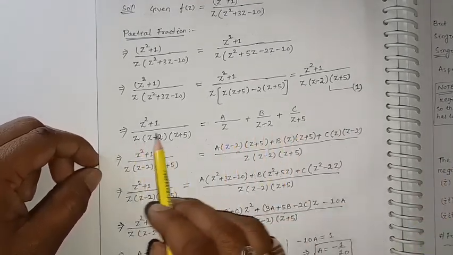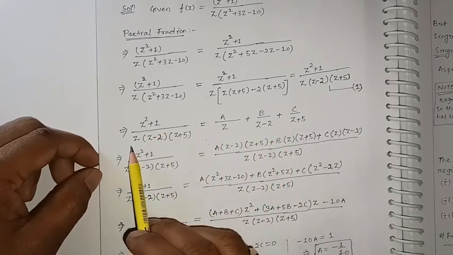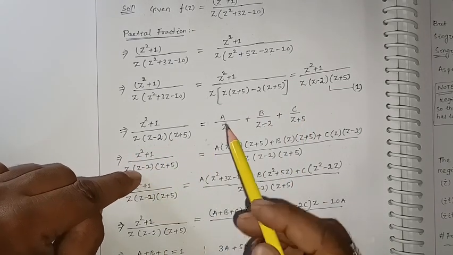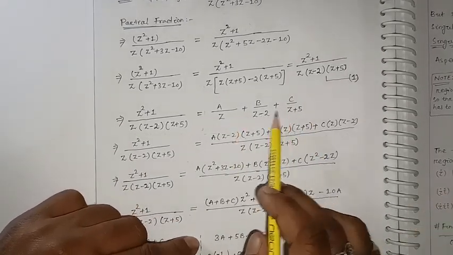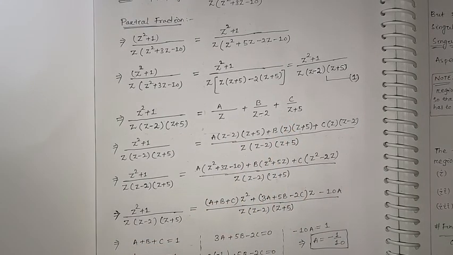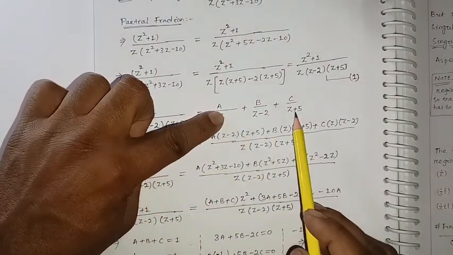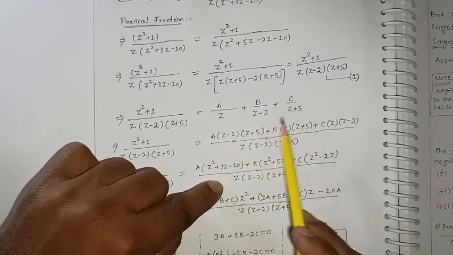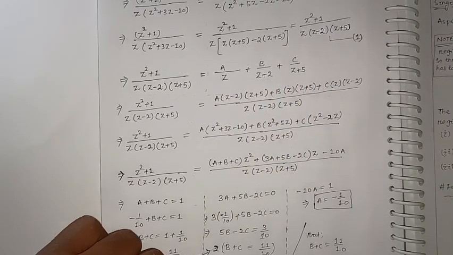Now this is the partial fraction. This is the first step: (z² + 1) by z(z - 2)(z + 5) will be written as a by z plus b by (z - 2) plus c by (z + 5). If you add these three terms, we get in the denominator z(z - 2)(z + 5). In the numerator, a(z - 2)(z + 5) plus b·z(z + 5) plus c·z(z - 2), divided by z(z - 2)(z + 5).